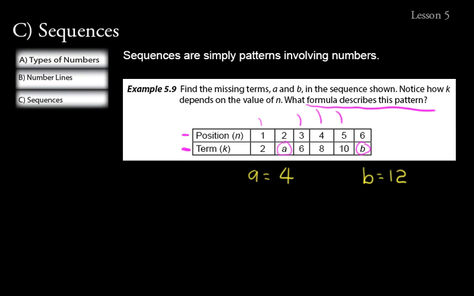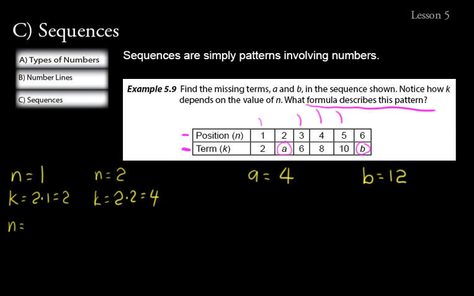Now, when N equals 1, K equals 2 times 1, which is 2. Do you see that? We can use the value of the position, which is 1, times it by 2, double it. That gets us the term. When N equals 2, K is equal to the position times 2, right? We double it, 4.